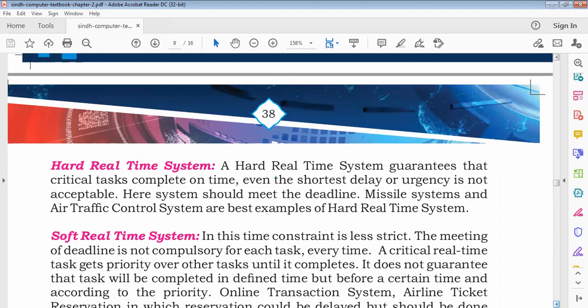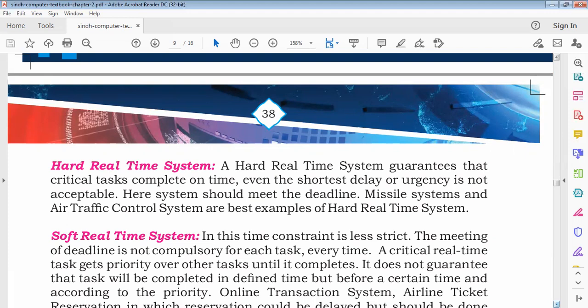Hard real time is used for very critical tasks, where the system guarantees that the critical task will complete on time. It will do tasks for which even the shortest delay is not acceptable. Here the system should meet the deadline.